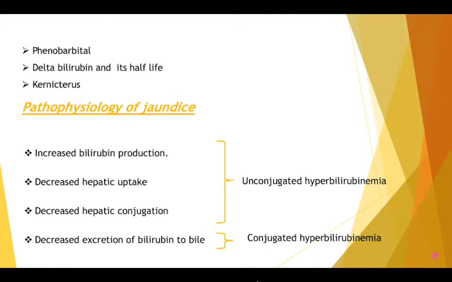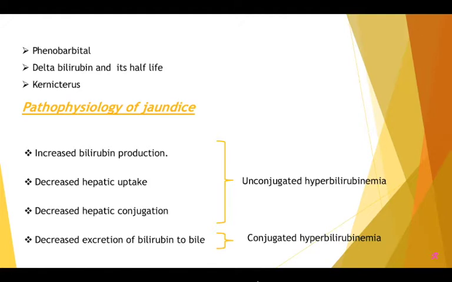So, if the conjugated bilirubin remains there for a long time, it will get bonded with the albumin and it becomes irreversibly bonded. That is, it becomes a permanent bonding. Conjugated bilirubin will get permanently bonded with albumin because there is no excretion, there is no transport taking place from the liver to the intestine. It is stuck there.